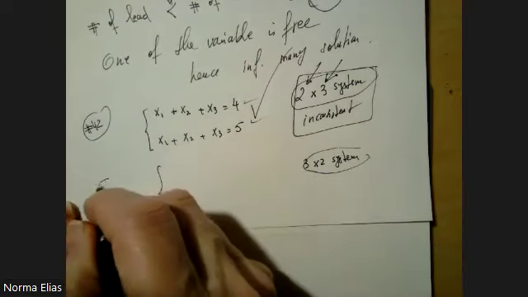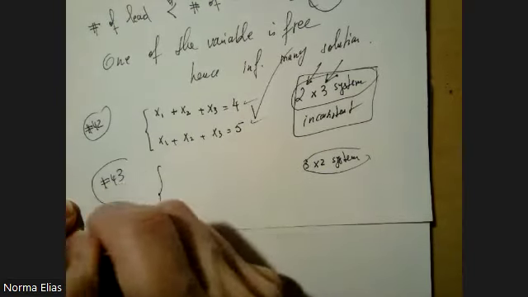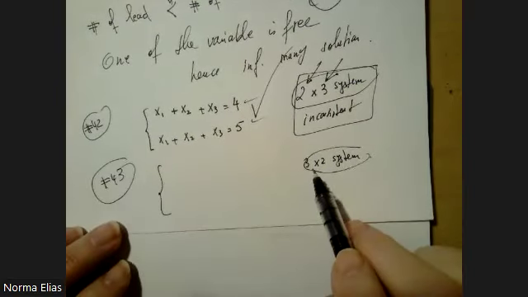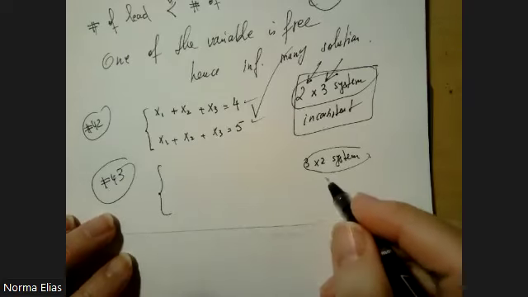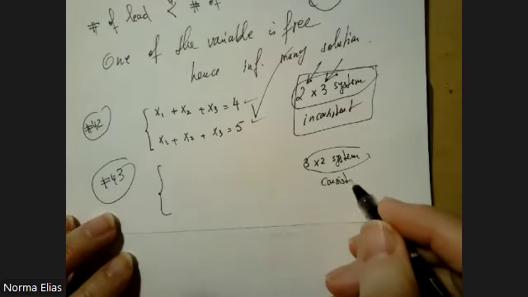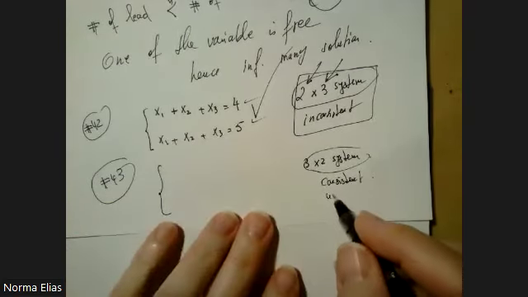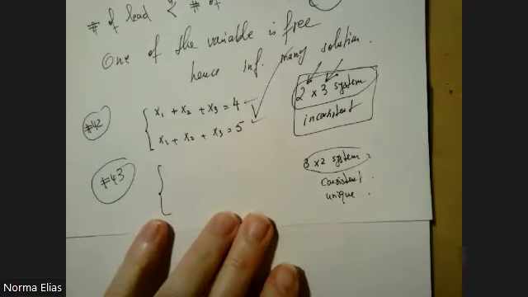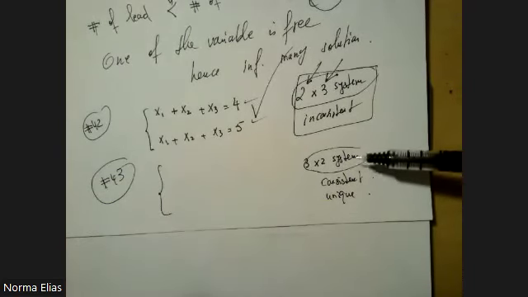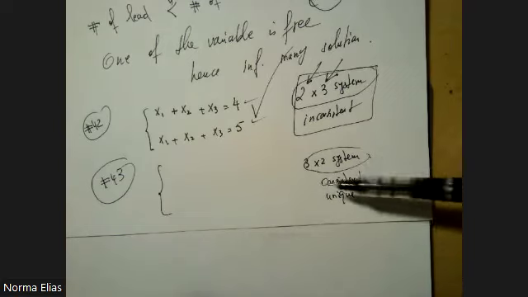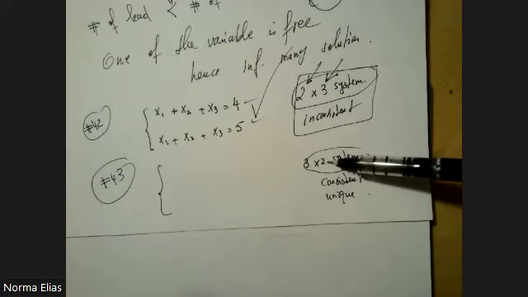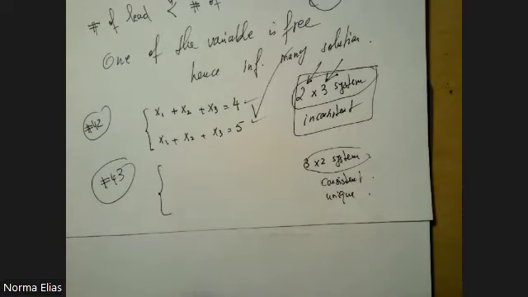This is probably number 43, something I've also assigned. Give me an example of a 3 by 2 system which is consistent and has a unique solution. Who can think of one? 3 equations, 2 unknowns, consistent and unique.